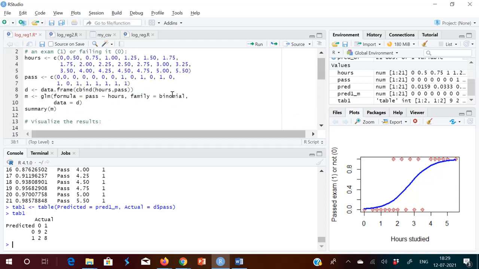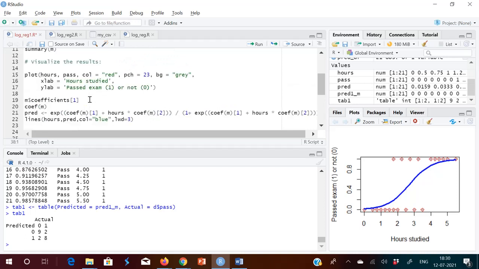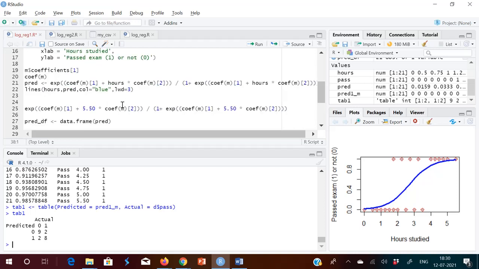Okay, here we made a data frame, and then we made a model, and we took the coefficients from that model, and then we substituted that in our equation directly. Here the main thing is we didn't use the formula predict. I'll show you how to use the formula and then do. Here we directly put those values from the model into our p equal to e raised to y by 1 plus e raised to y, and then we try to check whether what we predicted is correct or how much the prediction.